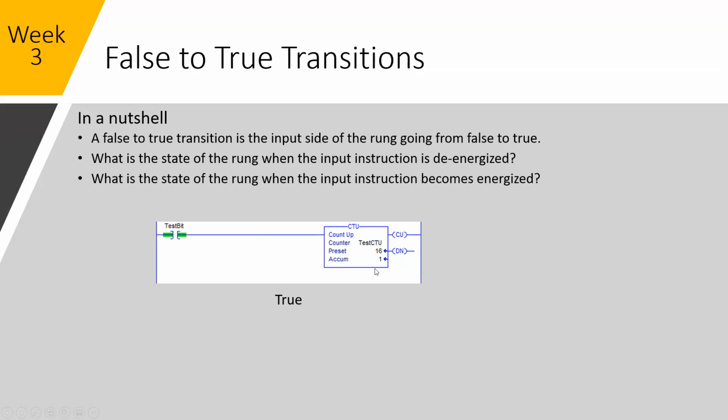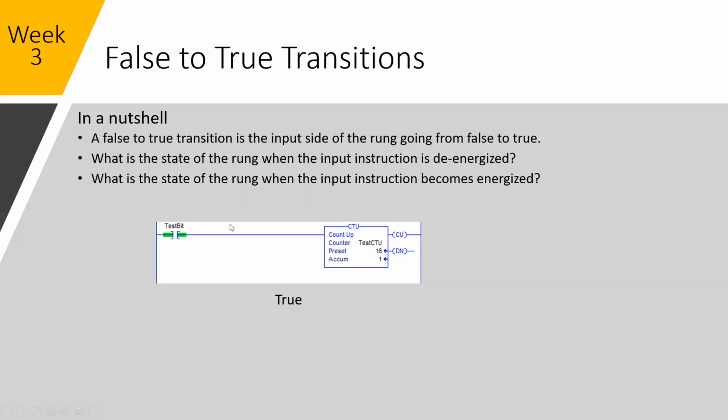This could be a parts counter where every time 10 parts pass a particular sensor, you then want to freeze the line so that a new box can be put in the way. This could count up to 16, and the done bit, which is a bool, a bit of information, could then be used to trigger further logic.